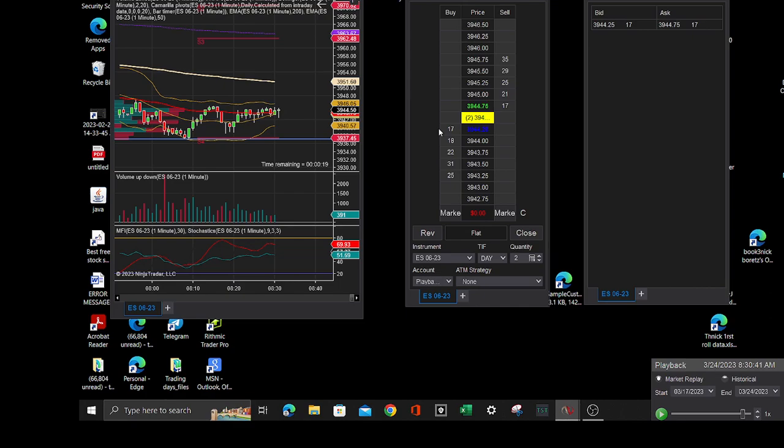Bollinger Bands are simply a deviation of a moving average. This is a 21 moving average and standard deviations from 21. I don't trade Bollinger Bands particularly. I use them as a signal.